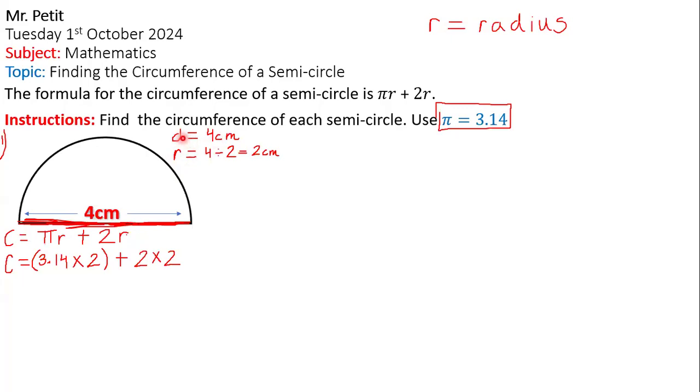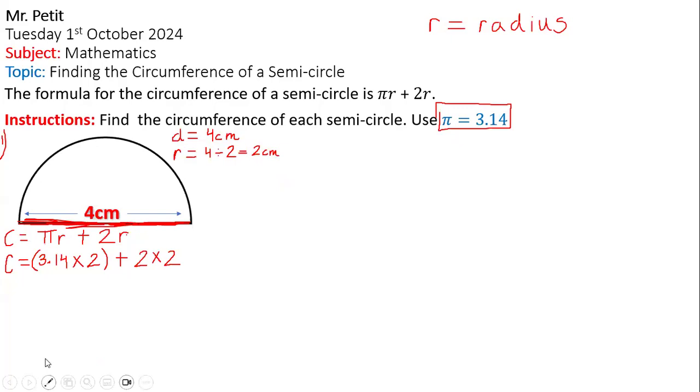But the radius is half of the diameter. So that's why we take the 4 and we divide it by 2. So you wouldn't see the 4 inside of this equation because we're not using the 4 per se. I'm using the radius. That makes sense? Yes. Okay, good. So moving right along.